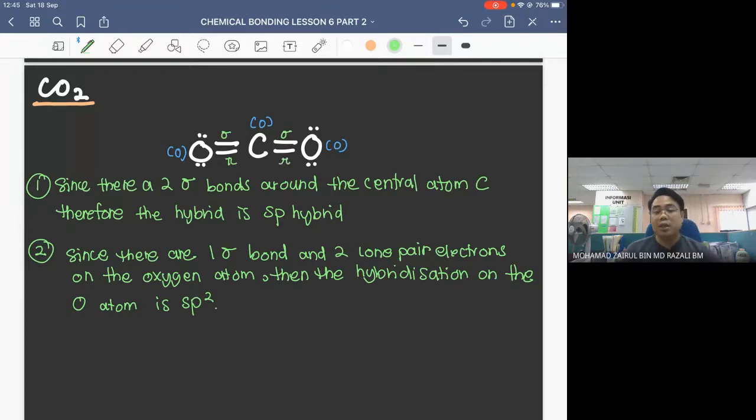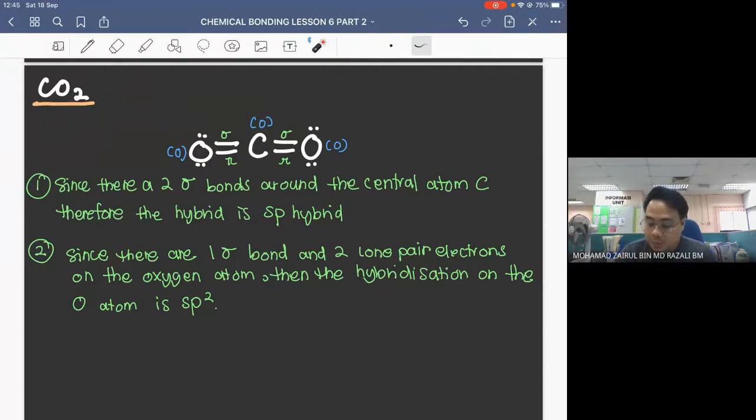Since sekarang ni terminal atom itu dah ada multiple bond, awak juga kena determine hybrid on the terminal atom. Around the carbon, we only have 2 sigma bond, so that means the hybrid is sp hybrid.